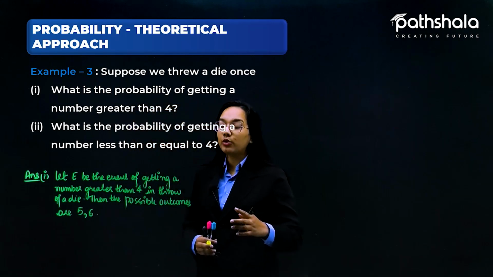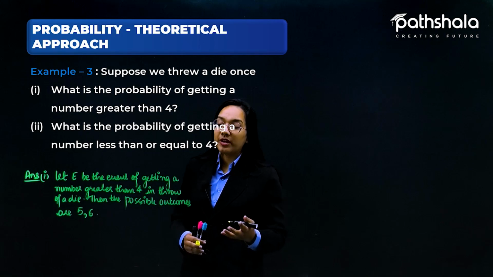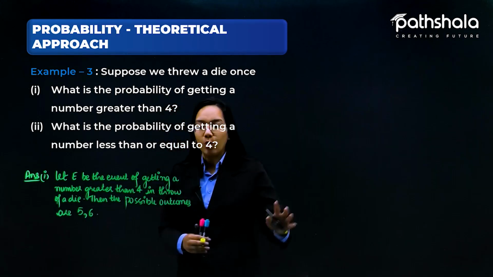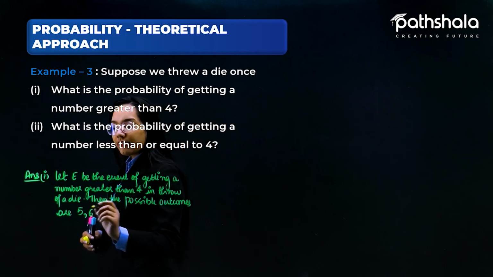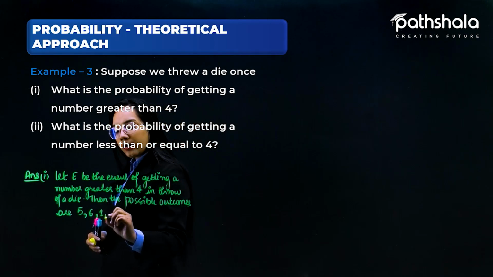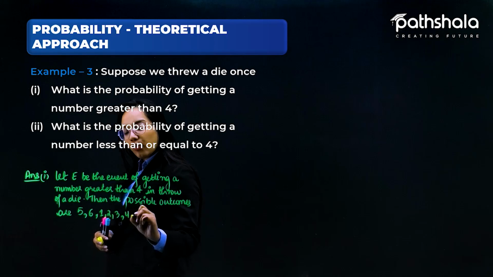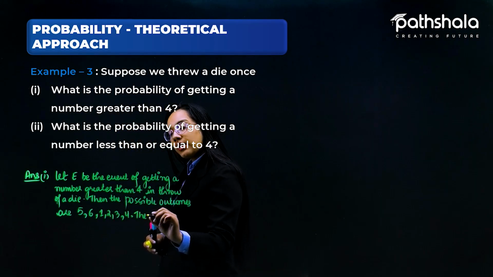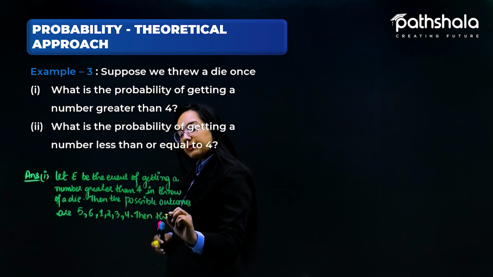If I write the possible outcomes in whole, then the possible outcomes are 1, 2, 3, 4, 5, 6.